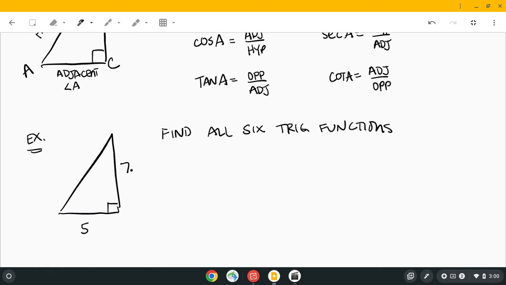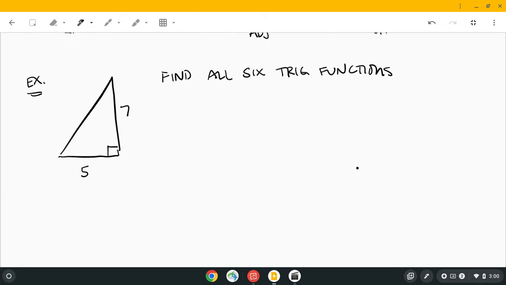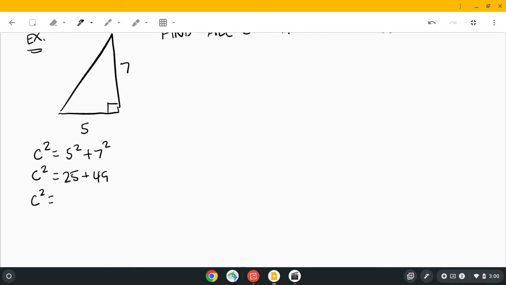We have a right triangle, so I could find the hypotenuse using the Pythagorean theorem. So c squared equals 5 squared plus 7 squared. C squared equals 25 plus 49, so c squared equals 74. So c equals the square root of 74. Okay, so here this side is the square root of 74.